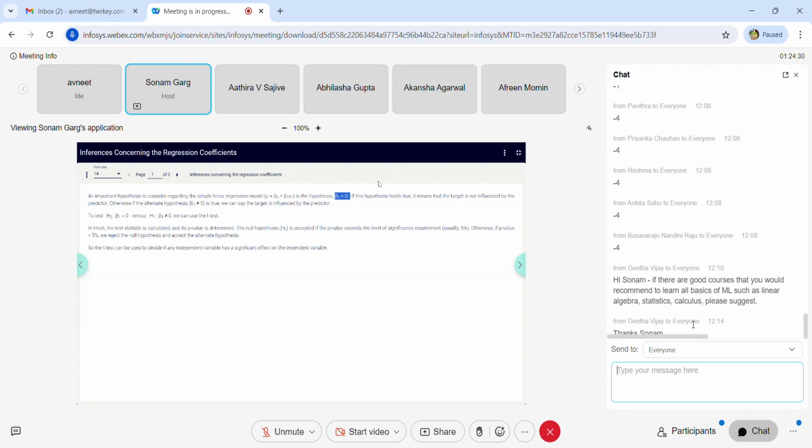We are interested in knowing whether it is dependent or not. So one hypothesis we have to form is that they are independent. If they are not dependent, we can directly go to this equation and equate b1 to 0. So our null hypothesis says that b1 is 0.